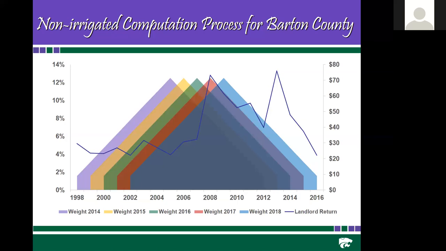And so even though I'm looking at Barton County, if you're kind of thinking, well, I'm in Southeast or I'm in Northwest, and so Barton County isn't that representative, the shapes of these, the individual net incomes, are fairly similar across the state, simply because the high profit was certainly due to yields, but the bigger effect was basically just high prices for corn, wheat, soybeans, sorghum, the major crops that we end up producing.